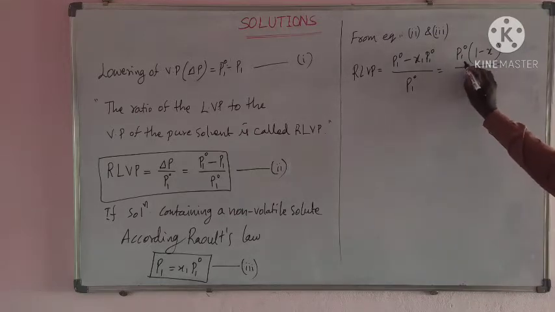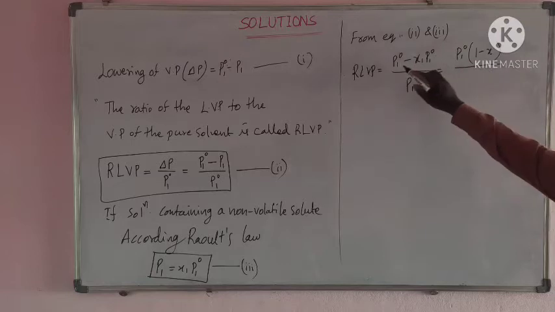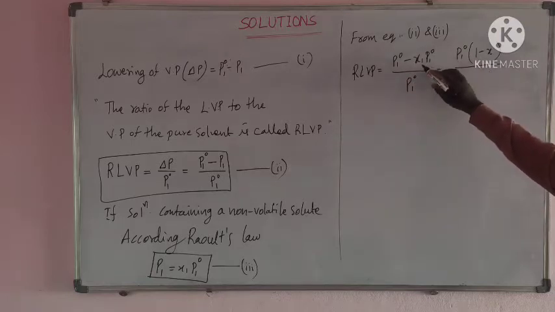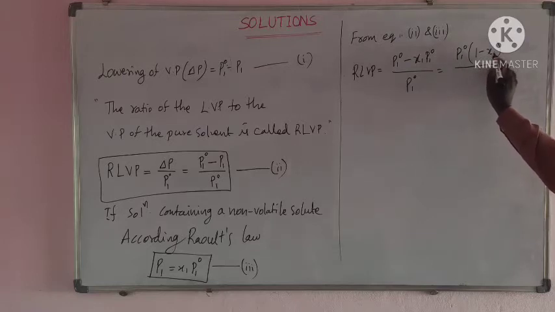Take P1 naught common. Here P1 naught into 1 minus P1 naught into x1.